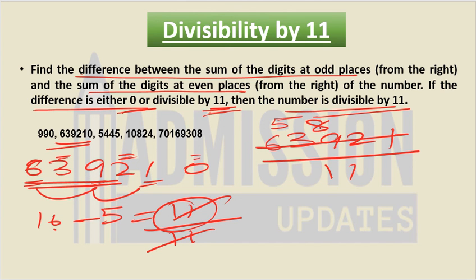Then 11 8s are 88. Here it is 12. 11 1s are 11, and then 11 1s are 11. So the number 639210 is divisible by 11, 58110 times. Okay, so this was the divisibility rules of 2, 3, 4, 5, 6, 8, 9, 10, 11.